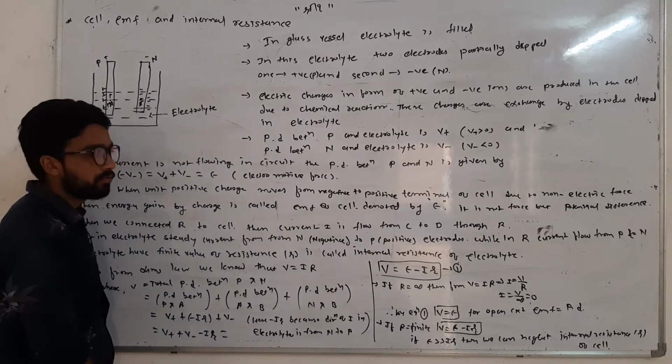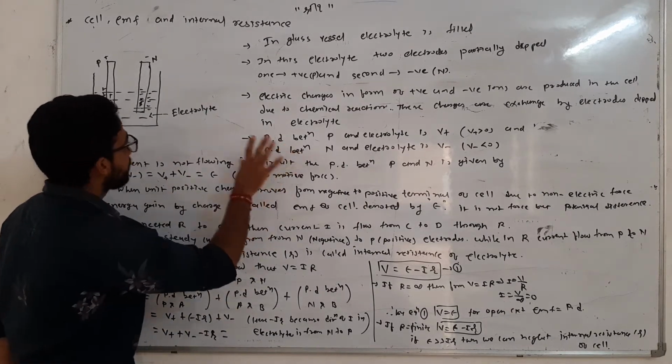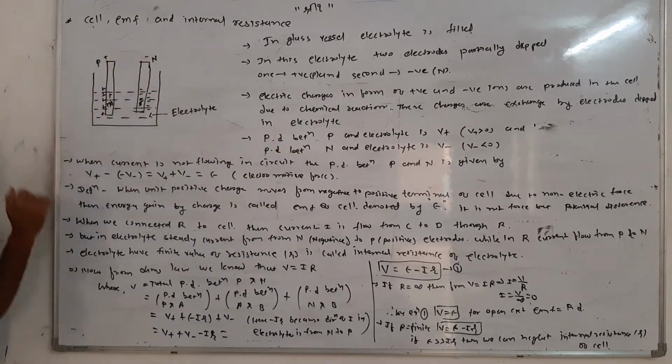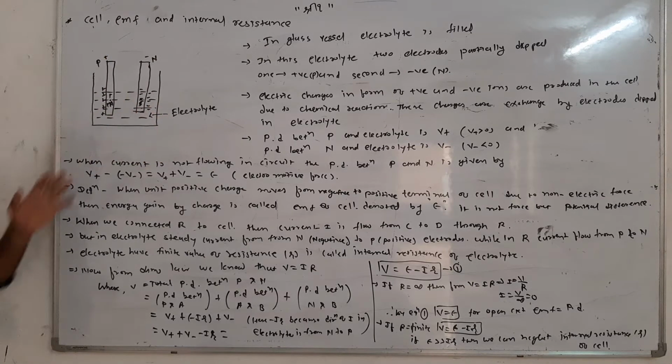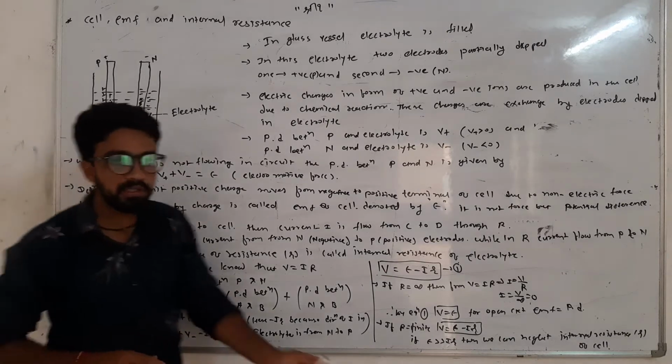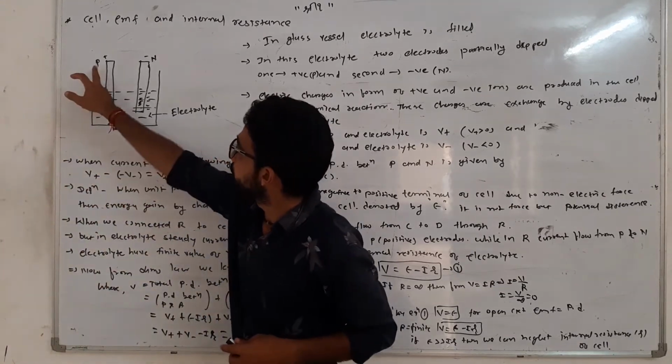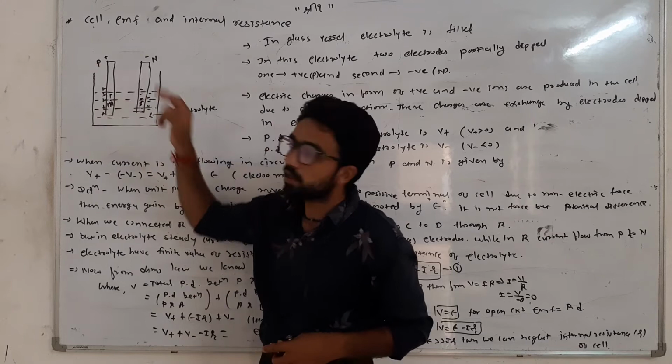Now, when we have not connected any external circuit, that means when we do not draw any electric current from the cell, what is the potential difference between the electrodes P and N?